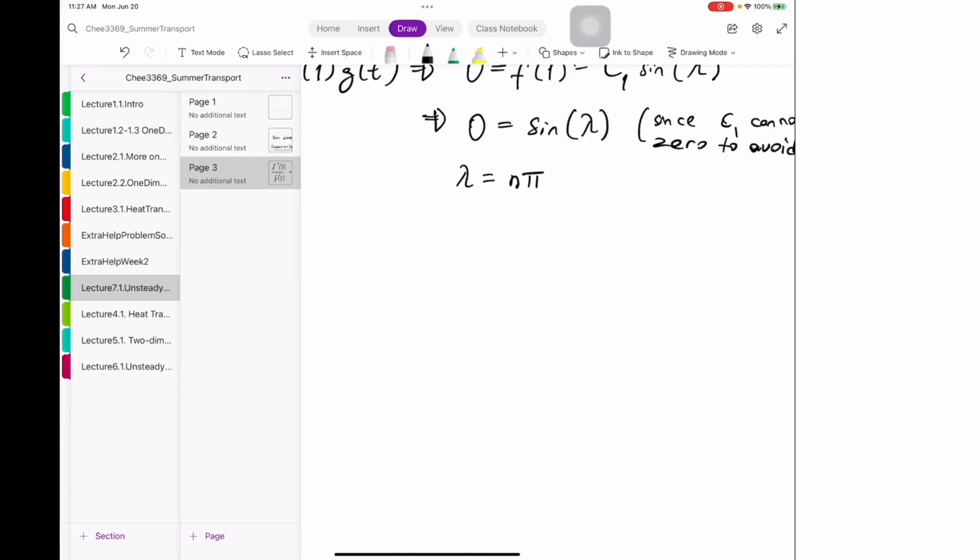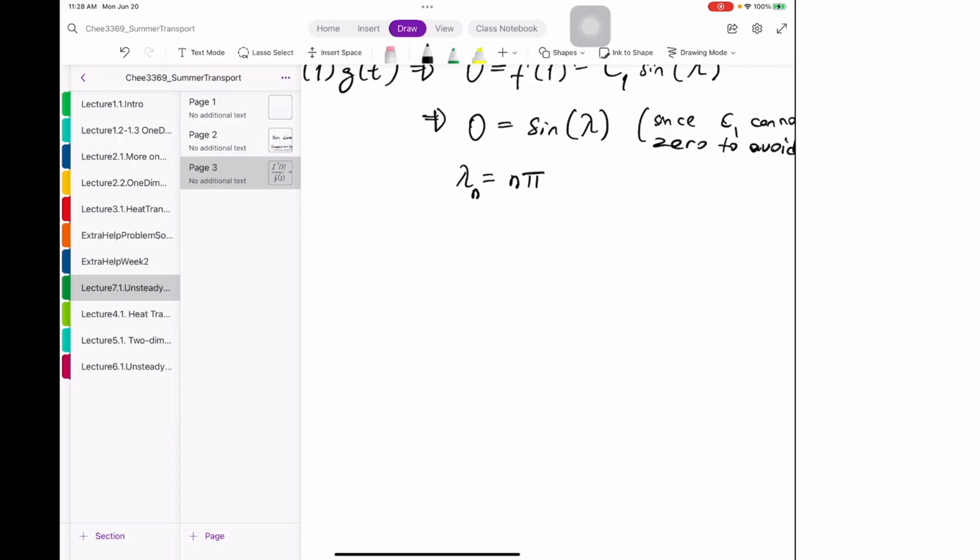N times pi. This means that lambda can take infinitely many values, and I can label those values by n. So I can call the first lambda pi, the second lambda 2 pi, and so on. You should also include the negative numbers as well. So n can be 0. It also gives you 0.